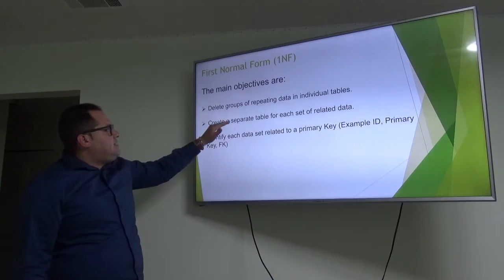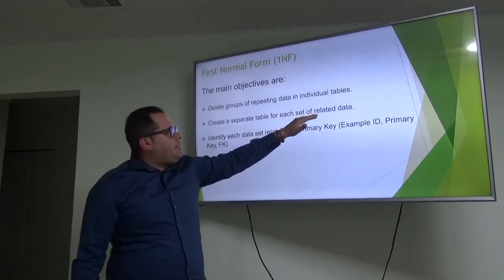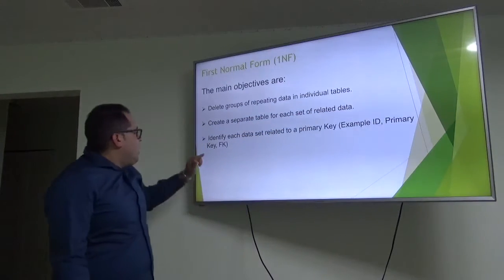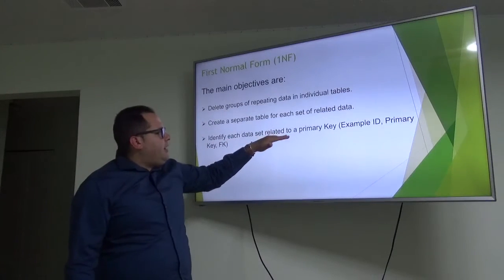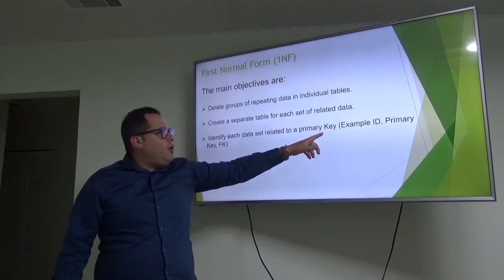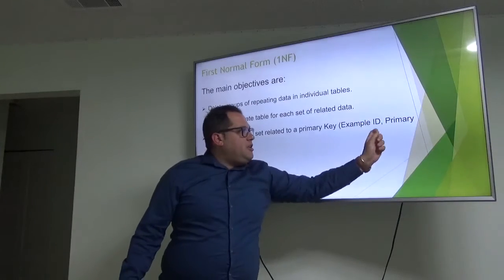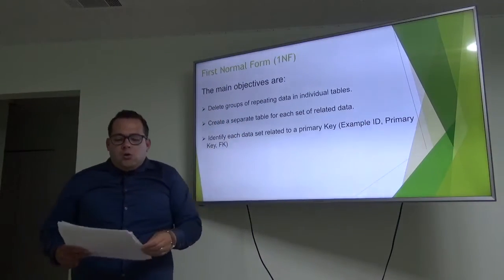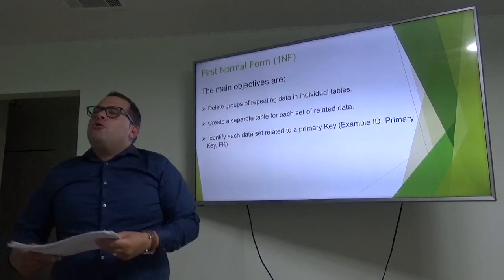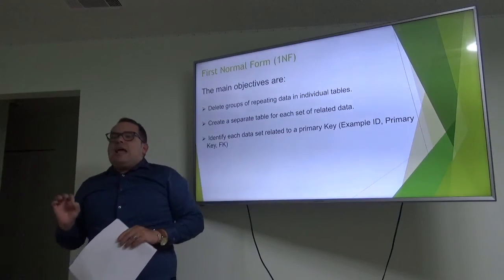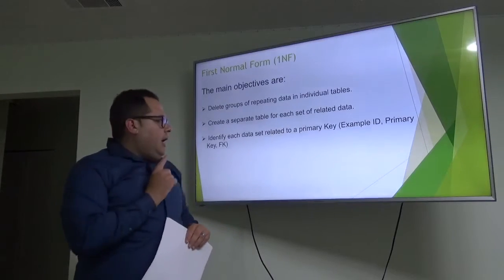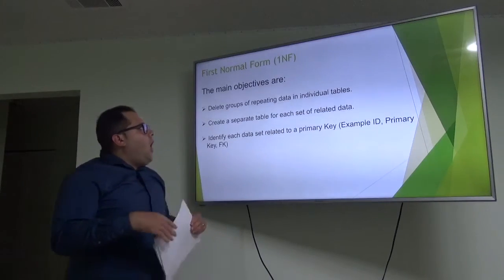Second, create a separate table for each set of related data. And the third, identify each data set related to the primary key, for example, ID, a primary key, or a foreign key. Okay, let's analyze this. Next slide, please.